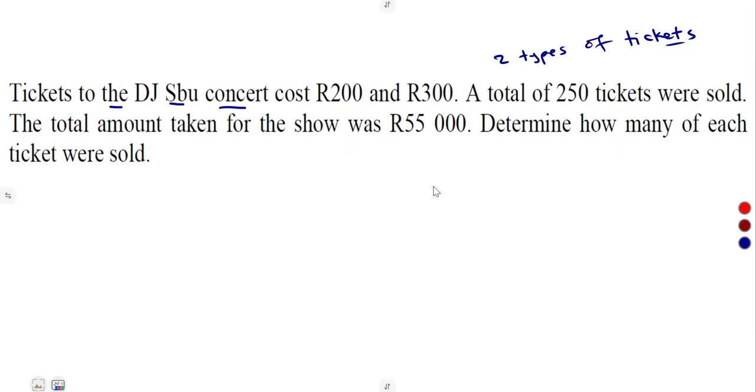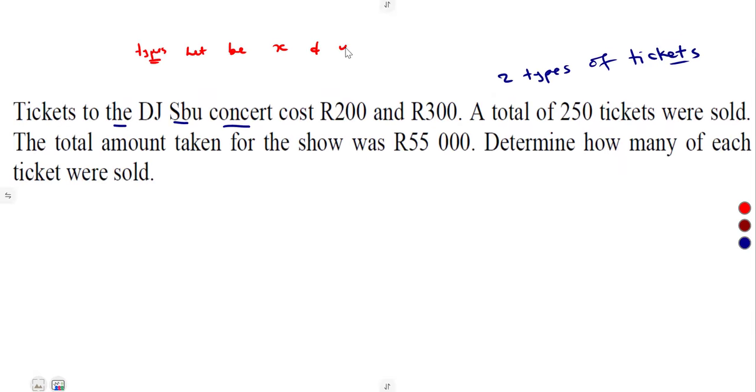So what we are saying here is the cost of another type. So let's have the types now because we do not know. Let's call the one X. So one type is going to be X. Another one is going to be Y. So the types of tickets, let be X and Y, because there are two. So we have got two unknowns. This for ordinary, this for VIP. They are different types of tickets.